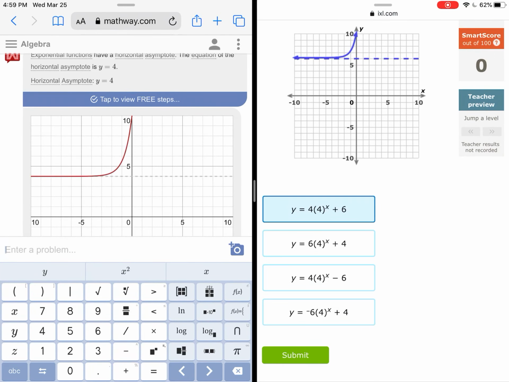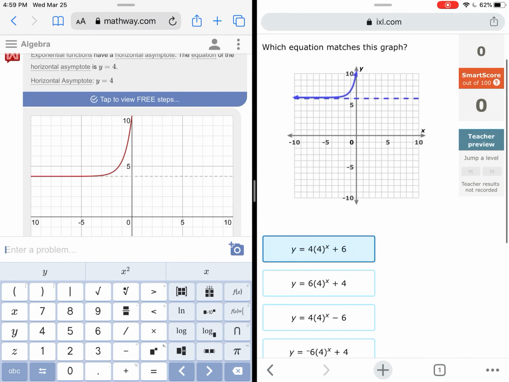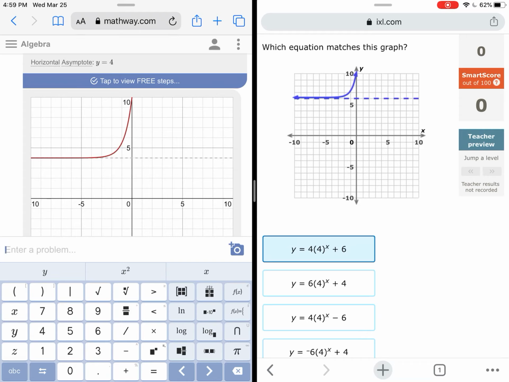Now you can go through the rest of these and check the same thing. For these graphs, one thing you do want to note is that the last number, the number at the very end, will tell you how much the graph is going to move up from the origin or down. So it tells you where that dashed line is.